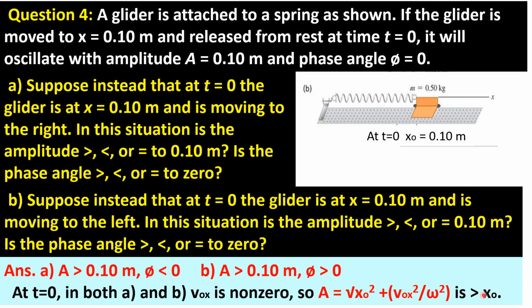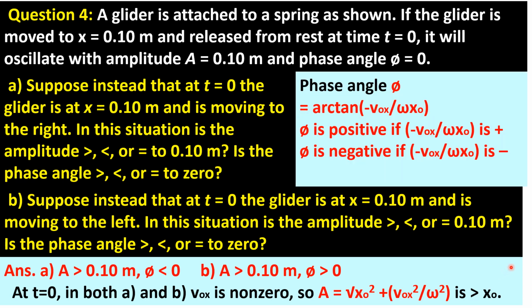Now, what about the phase angle? For the phase angle phi, we have the formula phi is equal to arctan of the ratio negative v naught x divided by omega x naught. So if the phase angle phi is positive, that is simply because the ratio negative v naught x over omega x naught is also positive.